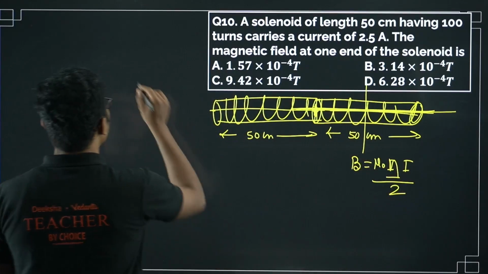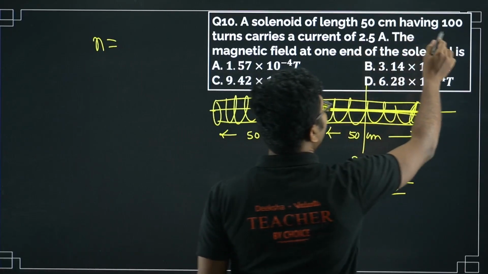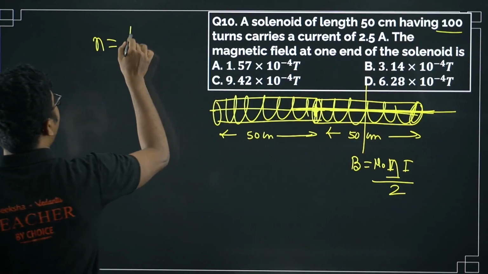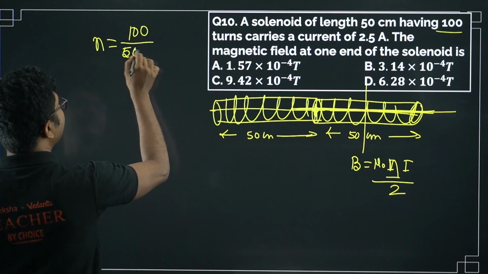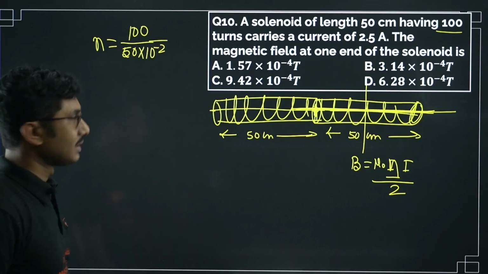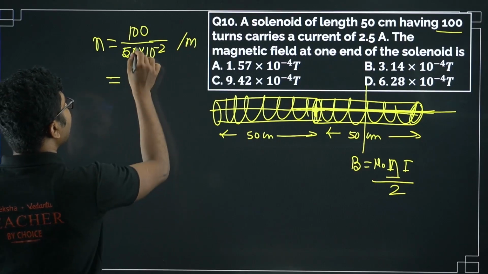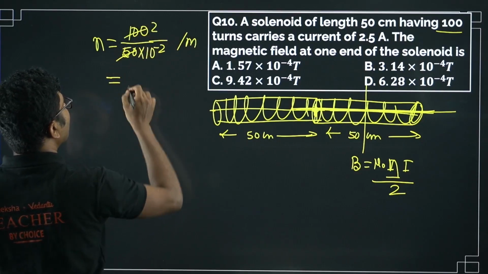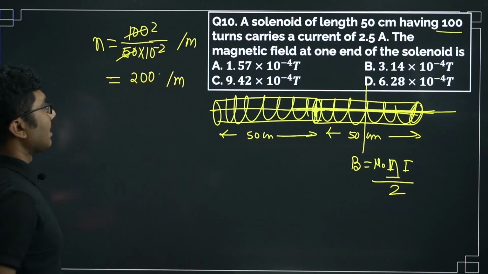What is n over here? N is number of turns per unit length. So total number of turns is 100 and length is 50 centimeter. We have to convert it into SI unit, so that is 0.5 meters. So it will be 200 per meter. This is the number of turns per unit length.